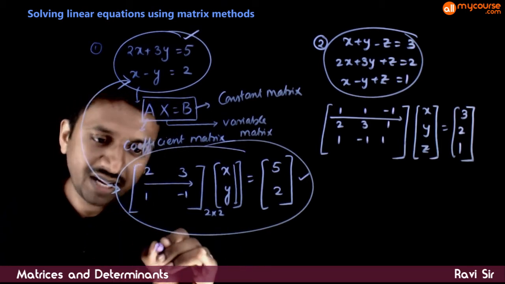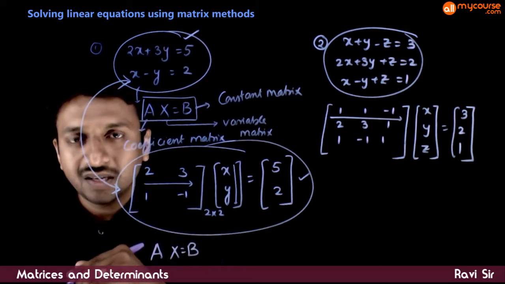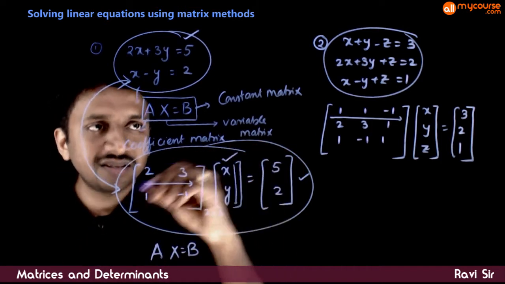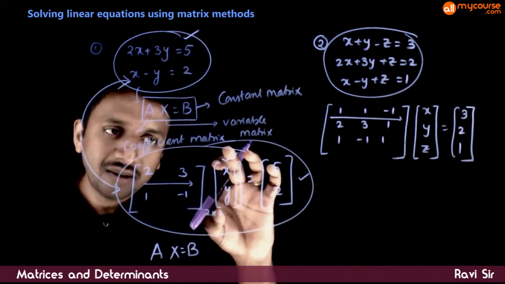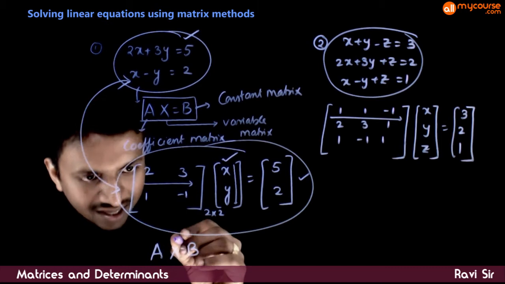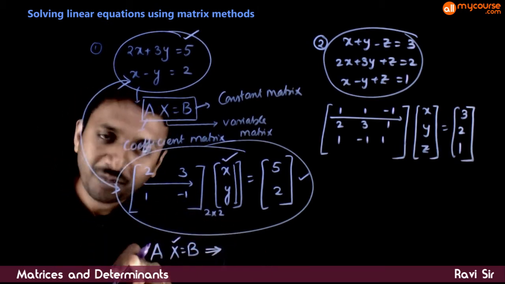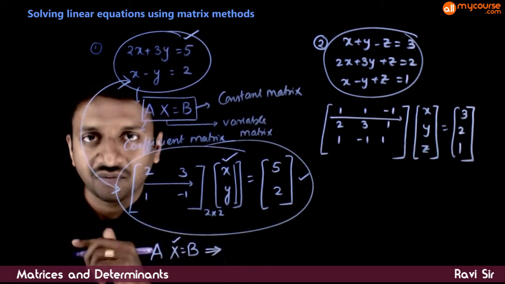For example, take the matrix equation AX is equal to B. What you need to find is the variable matrix, that is, the values of x and y. So I pre-multiply both sides with A inverse.